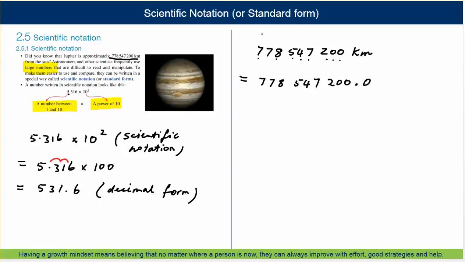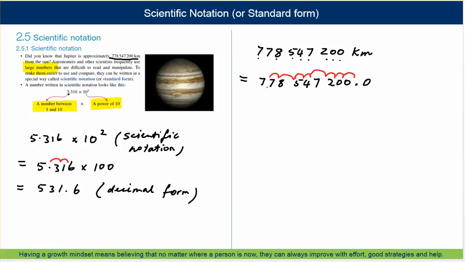I'm going to move this decimal place by dividing by 10. And every time you divide by 10, you then have to multiply back by 10. So I move it 1 place, so that means I'm going to multiply by 10. 2, 3, 4, 5, 6, 7, 8.